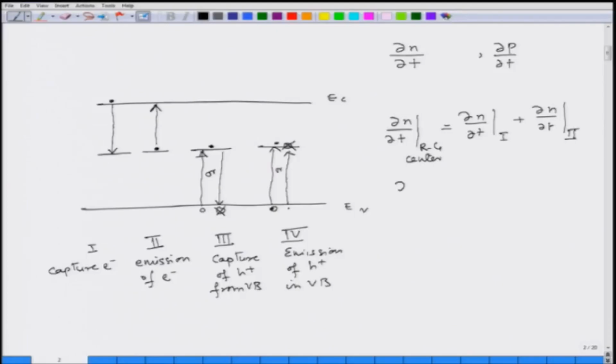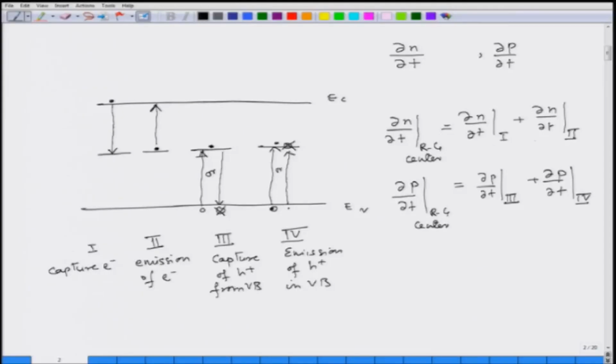Similarly, I can write for holes the mechanism of the RG center. The overall effect of recombination generation would be the change due to the third process plus the change due to the fourth process.